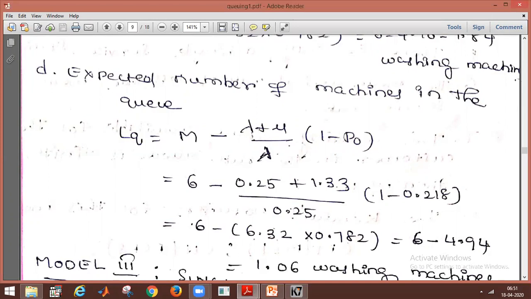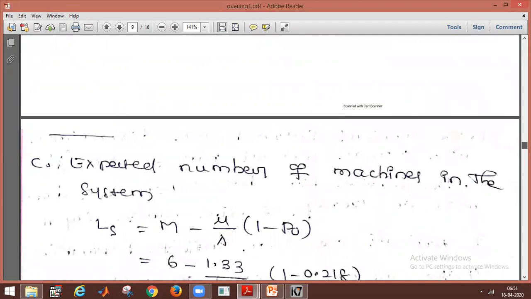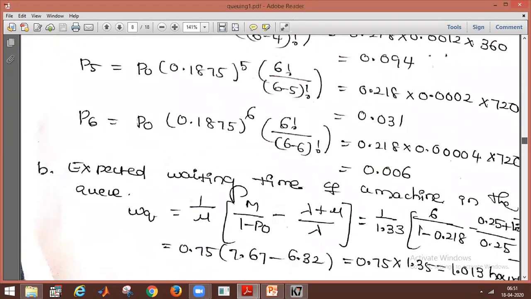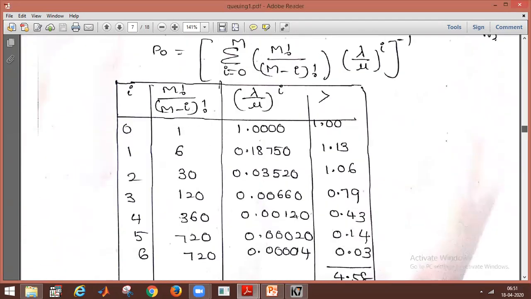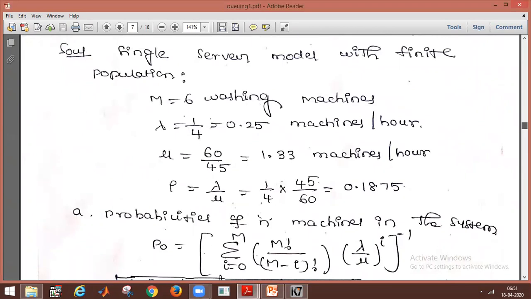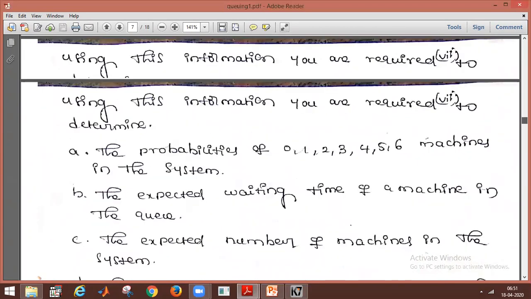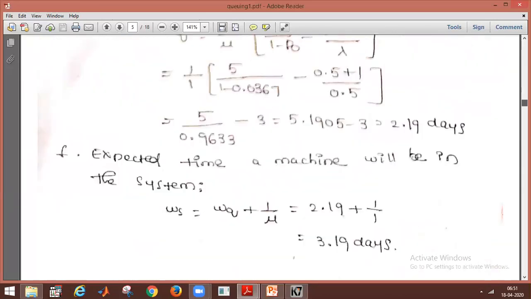In this model we have to calculate the expected number of machines in the queue, the number of machines in the system, the expected waiting time in the queue, and the probability of n machines in the system. So all three problems will be calculated in method 2.